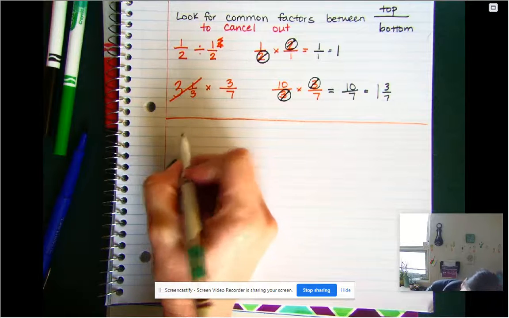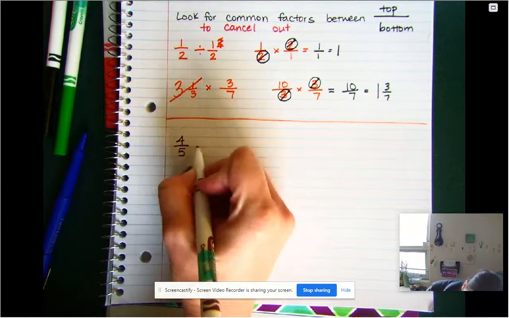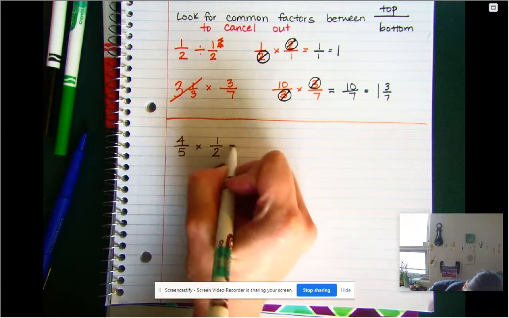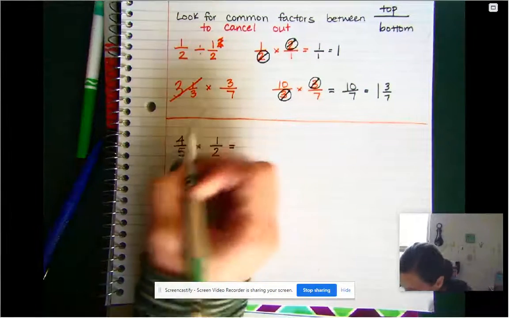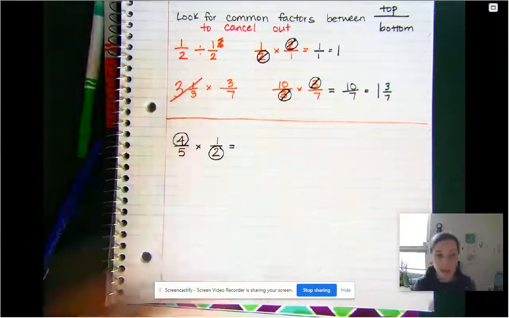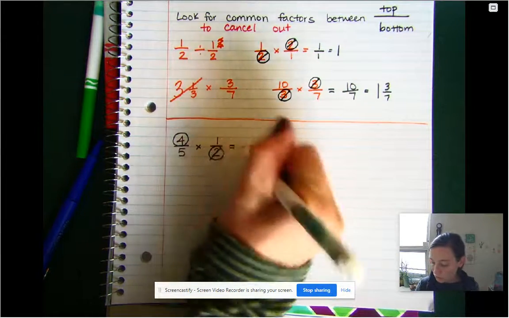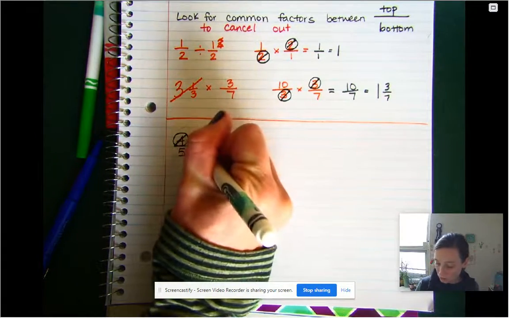So if I have 4/5 times 1/2, I don't have to change anything necessarily here, but I see 4 and 2. And I can divide out 2. So if I divide out 2, 2 divided by 2 would just be 1, so that gets rid of that one. 4 divided by 2 is 2.